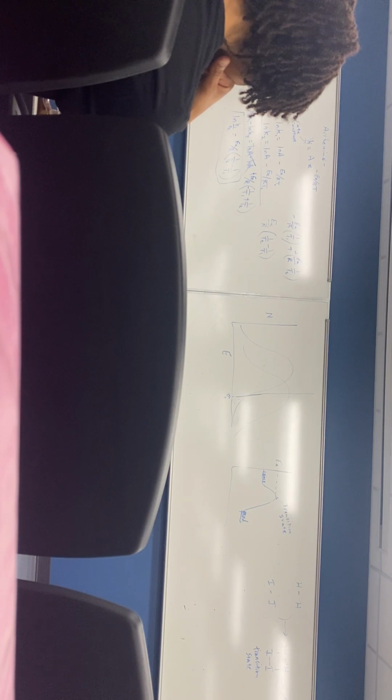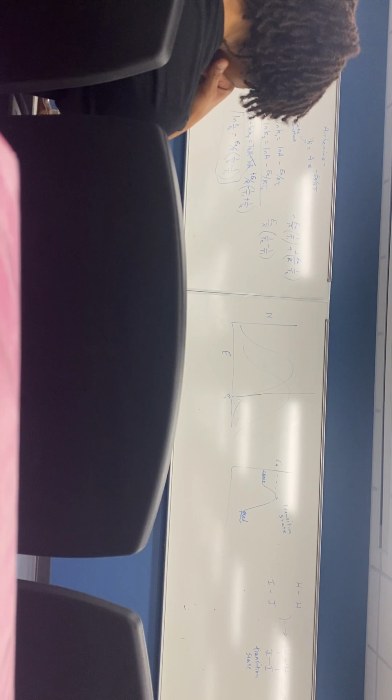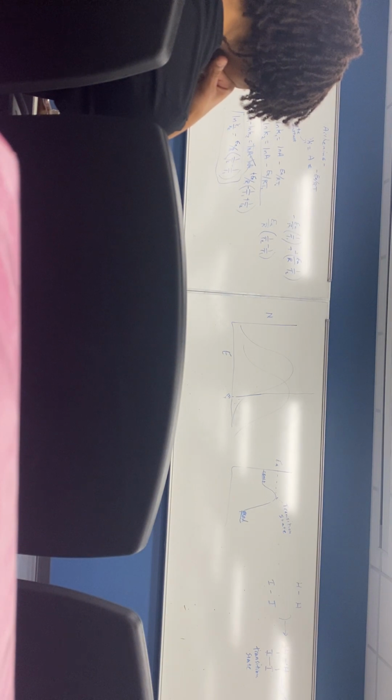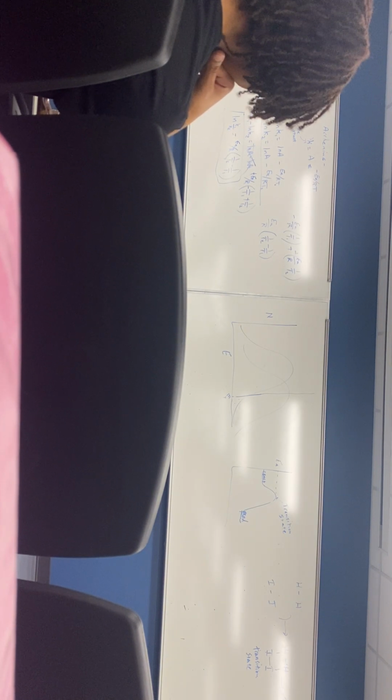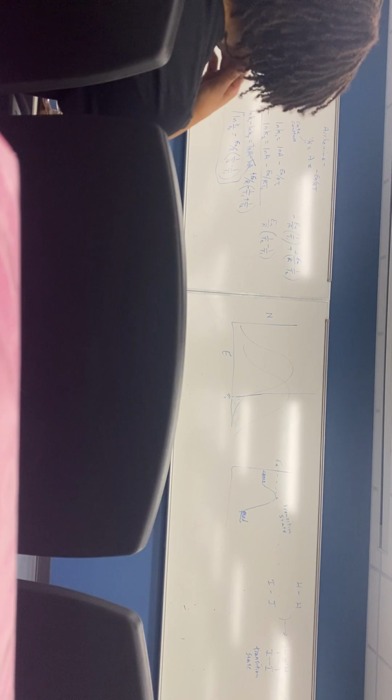And I would point out that this is 1 over T. So 1 over 273, that's freezing. That's boiling.